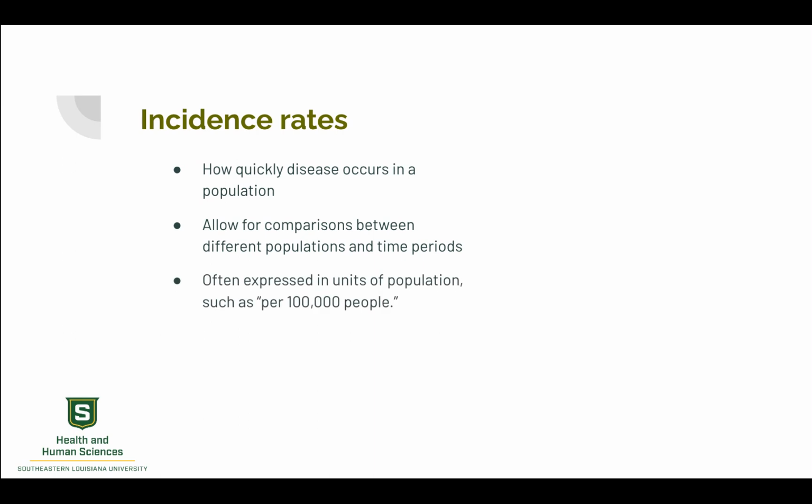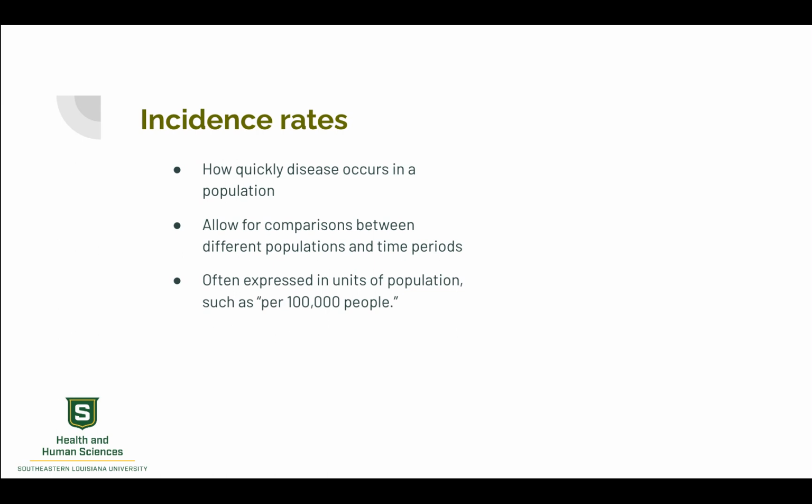So incidence rate is generally measured per 100,000 people. That should give you a sense of just how many people we think of in terms of incidence rate. So if you're going to look at incidence rate, you're not going to be thinking in terms of 10 people. You're not going to use 10 people to measure incidence rate.